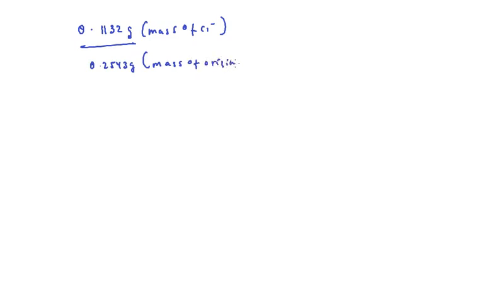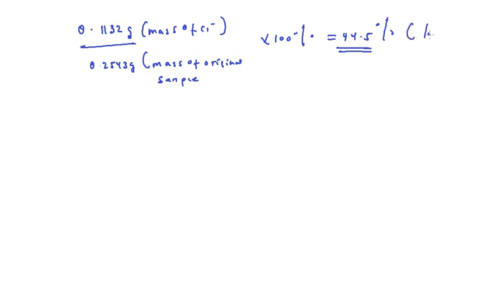If you multiply 0.1132 gram, that's the mass of chloride ion, over 0.2543 gram, that is the mass of the original sample, times 100%, it will give you about 44.5%.